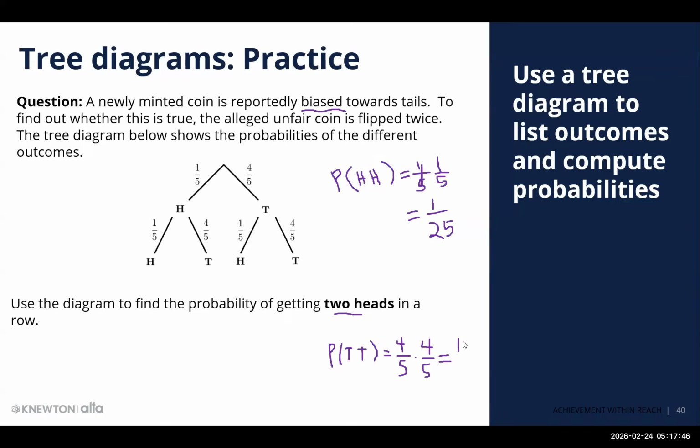So there's a 16 in 25 chance of hitting tails 2 times in a row. And of course, you could do everything else in between. And if we were to list all the possibilities, when you take this and add it to this and add it to all the other possibilities, they should add up to 1.